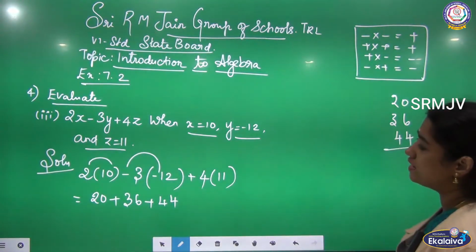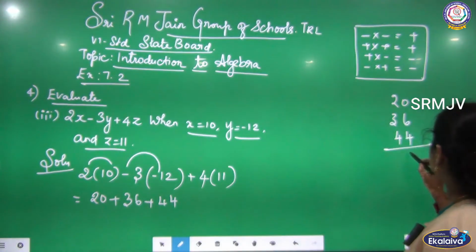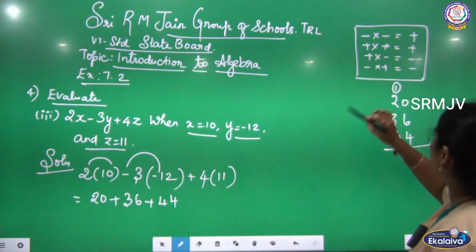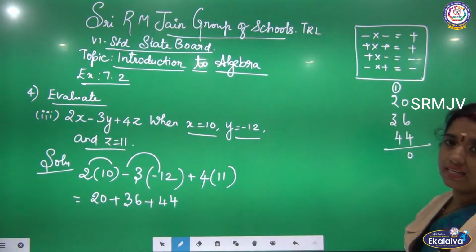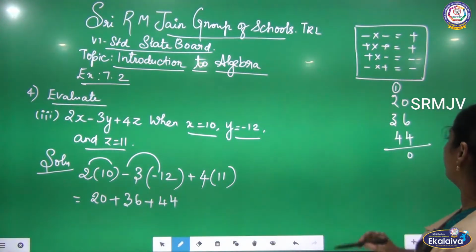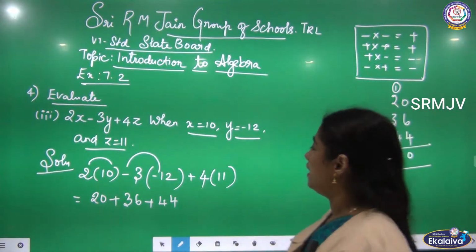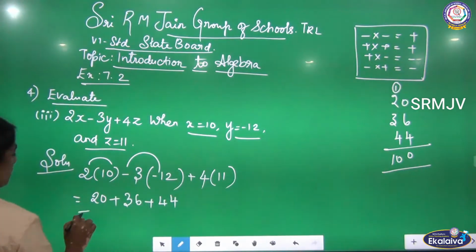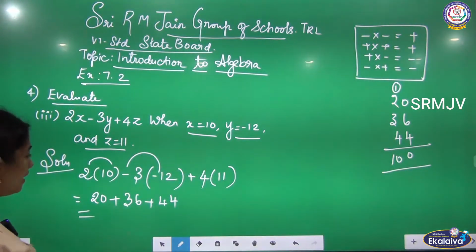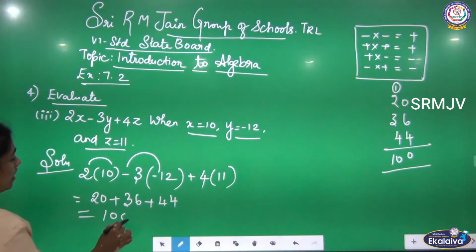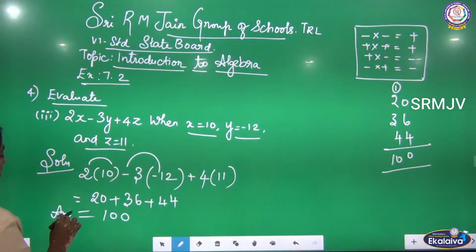Can you clear this, children? Now, 6 plus 4 is 10, 1 carry over, 3 plus 3 is 6, 6 plus 4 is 10. Now, what is my answer? 100. So I evaluated this. Is it clear?